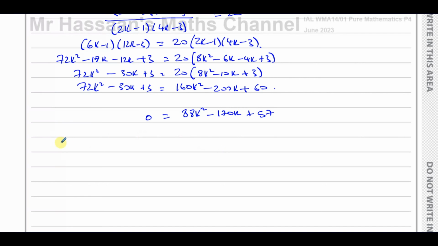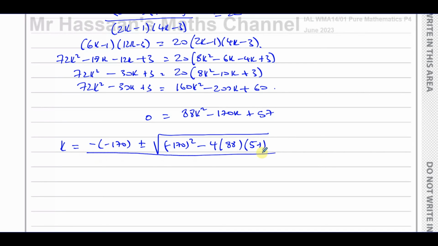So let's just use this formula. The easiest thing here would be to use the quadratic formula. So k equals minus b, so it's going to be minus minus 170 plus or minus the square root of b squared, which is minus 170 in brackets squared, minus 4 times a, which is 88, times c, which is 57, all of that over 2 times a, 2 times 88. So let's see what that gives us.